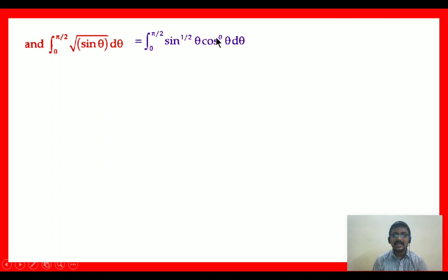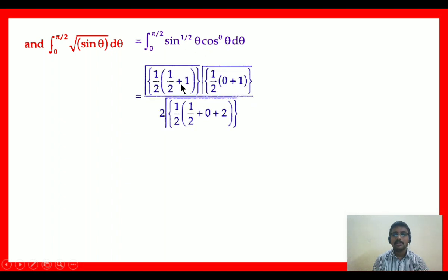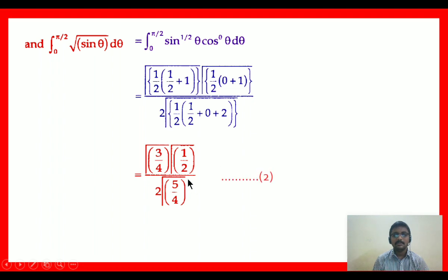Half, and n is 0. So we have the formula gamma of m plus 1 by 2 into gamma of n plus 1 by 2 upon 2 into gamma of m plus n plus 2 by 2. Using the formula, replacing m and n values and simplifying, we have gamma of 3 by 4 into gamma 1 by 2 upon 2 into gamma of 5 by 4. Let it be equation number 2.